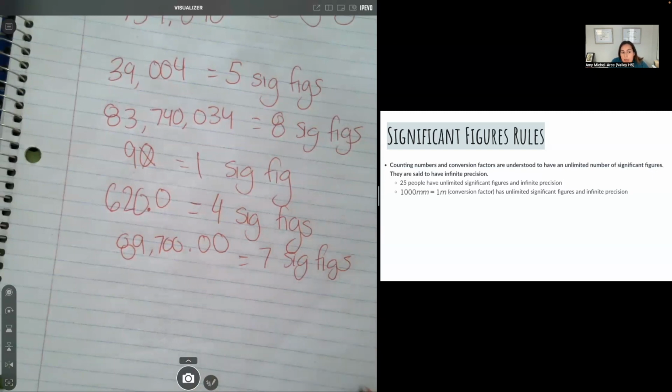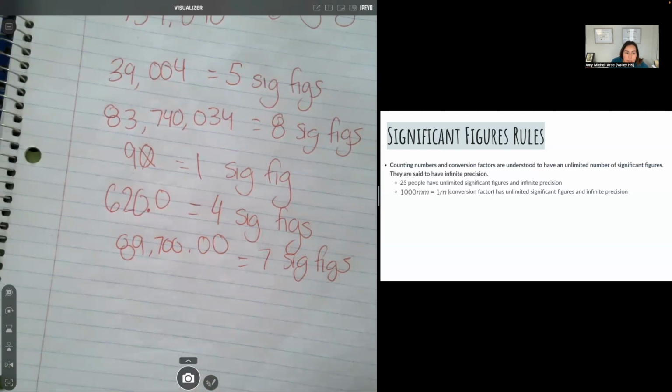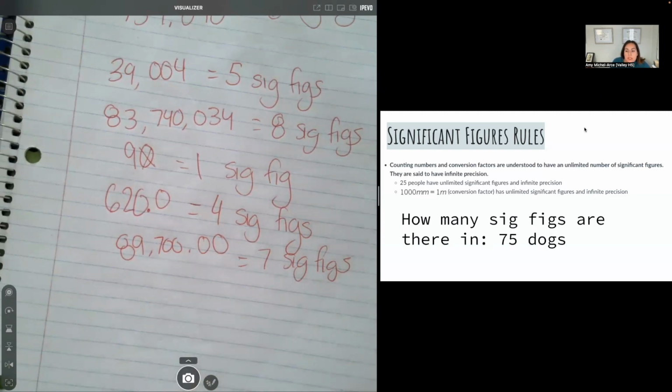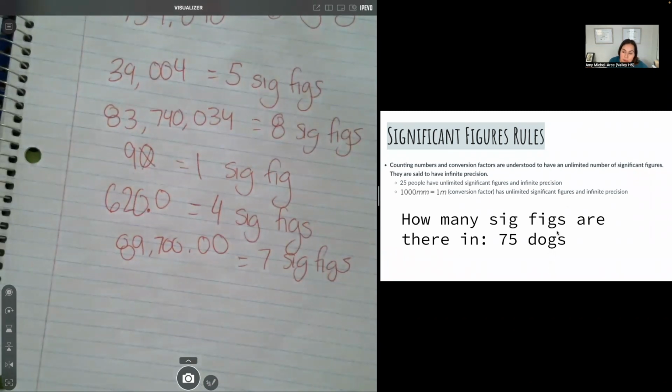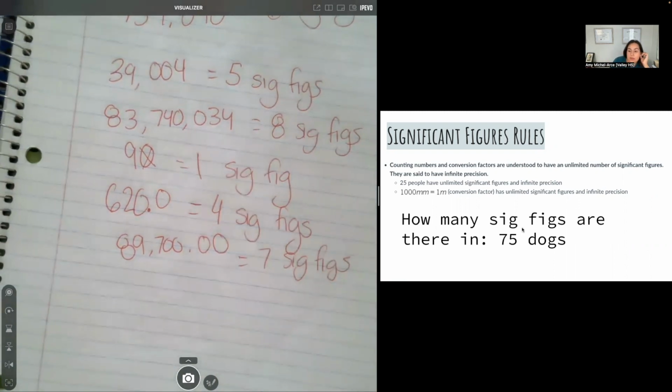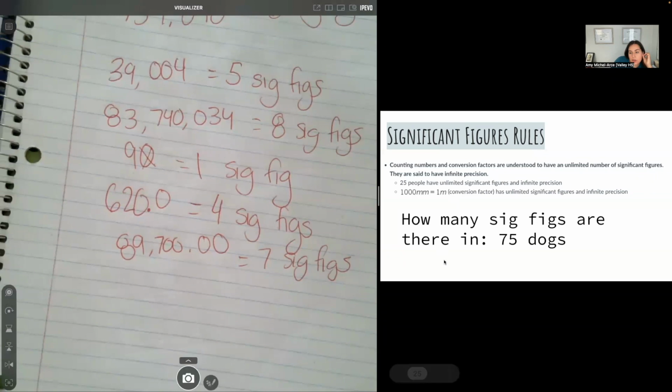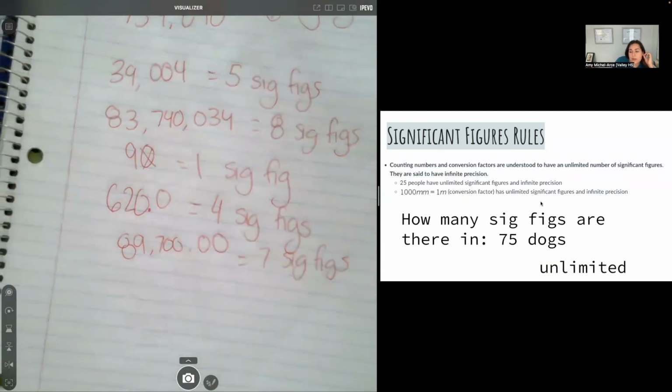There's not like 2.5 people that you just counted 2 exactly. So when we have something like 75 dogs, counted 75 dogs, that is going to be unlimited significant figures. All those zeros matter because we know that it's an exact count. So infinite precision and unlimited significant figures.